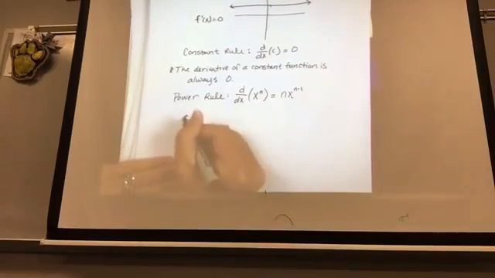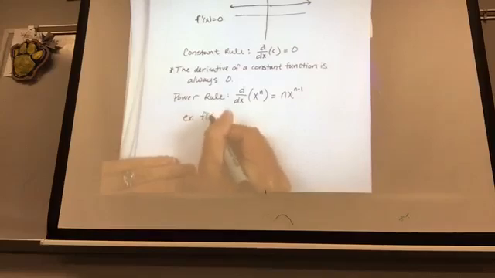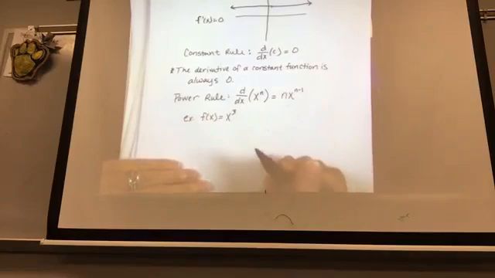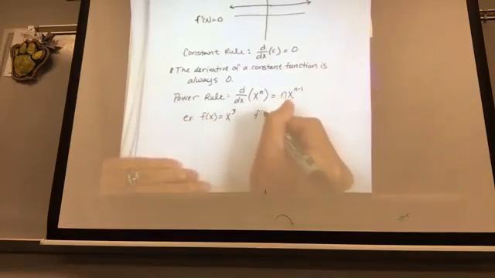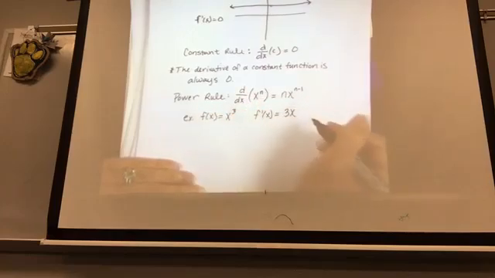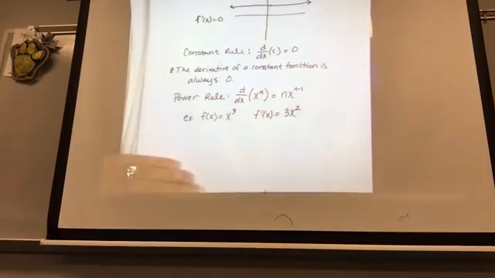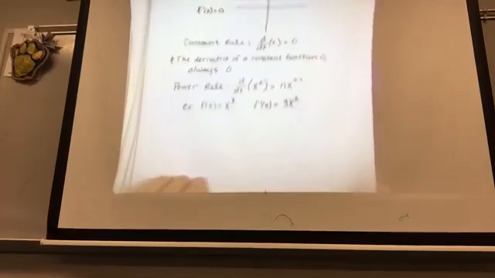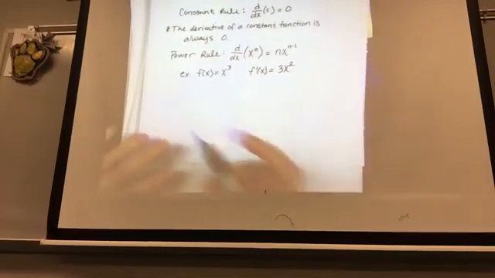So example, if f of x is equal to x cubed, without doing the formal definition of the derivative, f prime of x will equal, I bring my 3 in front and write it as 3 times x and decrease my power by 1, so 3x squared. Is it looking better already? Yes.